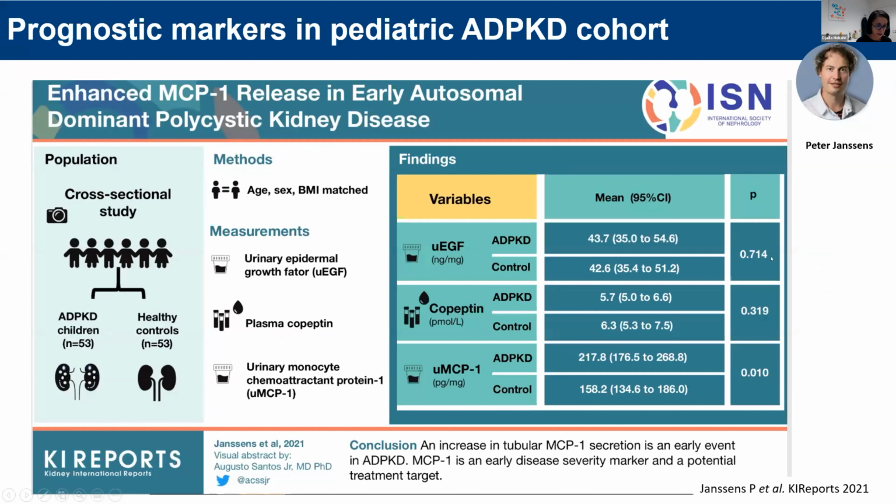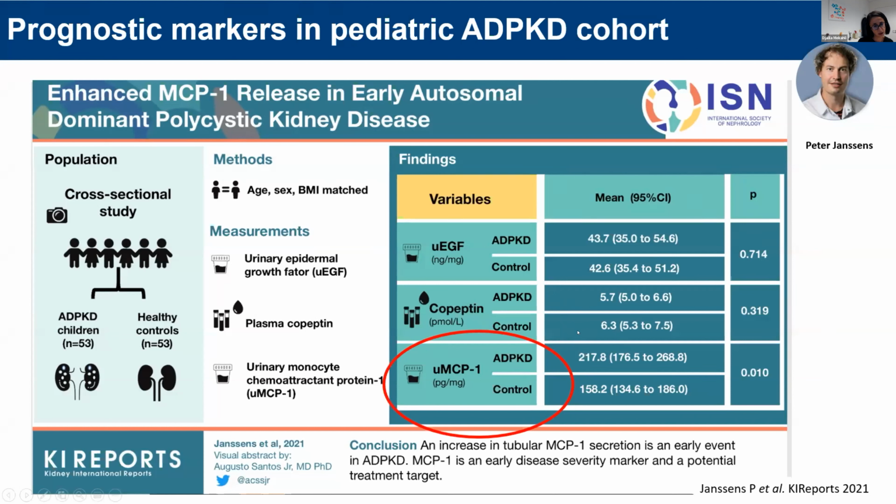Then next, we have a huge biobank of all these cohorts where we are analyzing early biomarkers, and a lot of research is ongoing. However, Peter Janssens during his PhD demonstrated that urinary MCP1 was increased very early in children, even with a very mild phenotype.